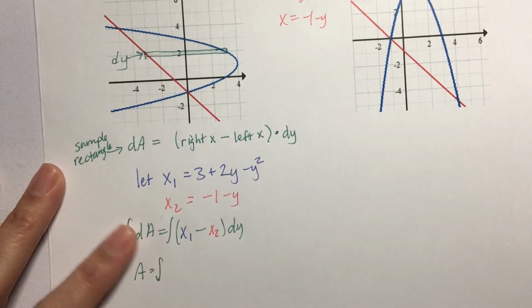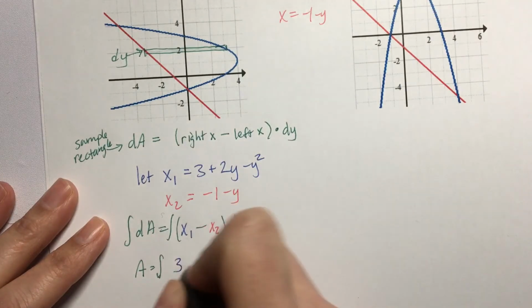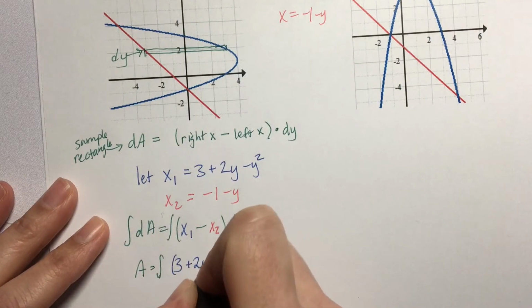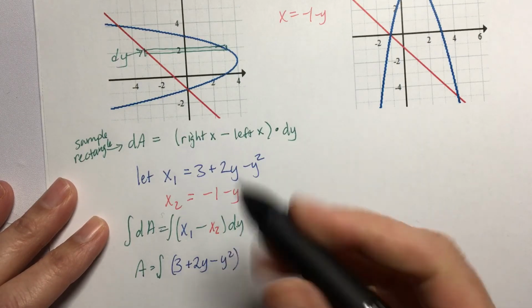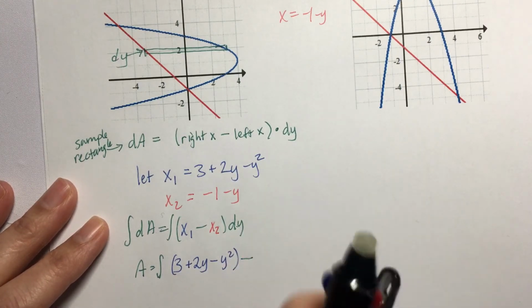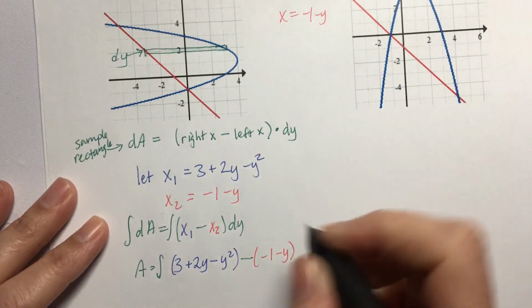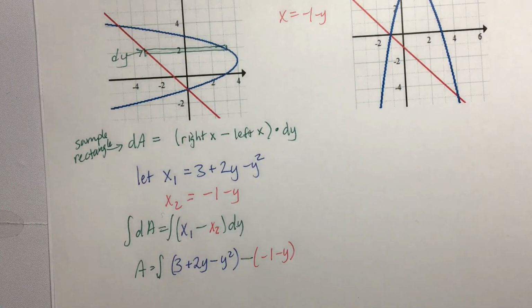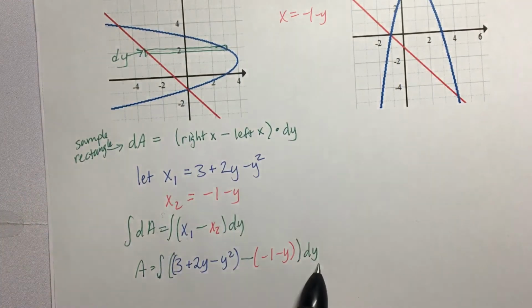So that's the 3 plus 2y minus y squared, minus the x2, which is -1 minus y, dy. And I need some bounds.